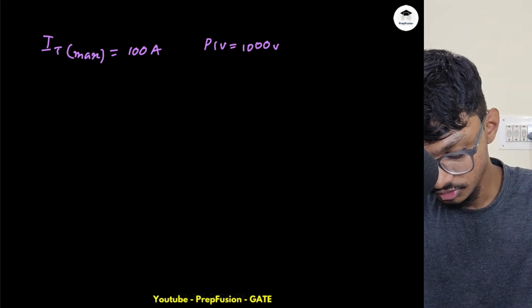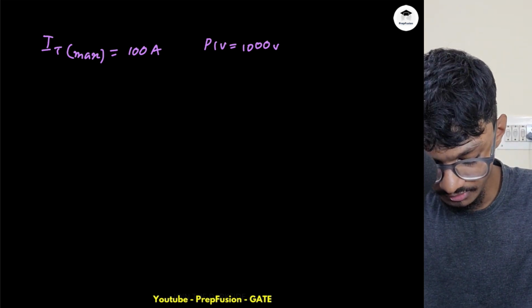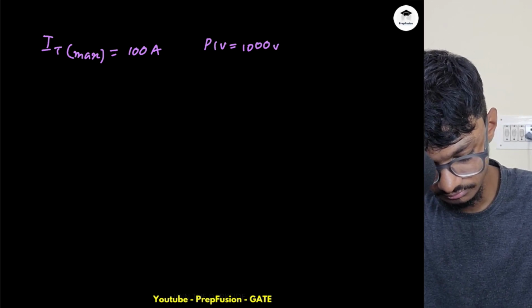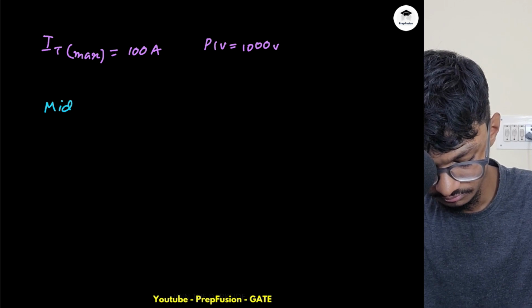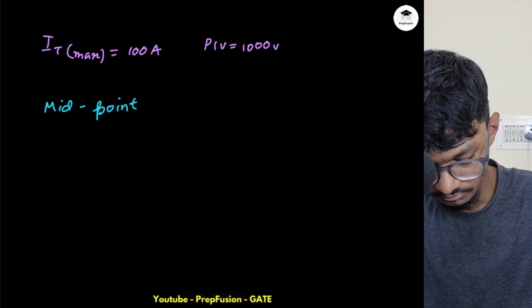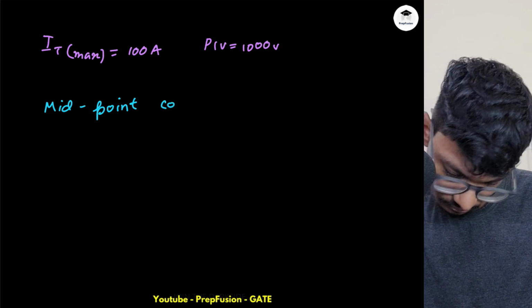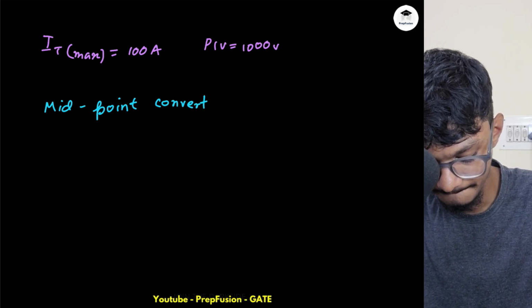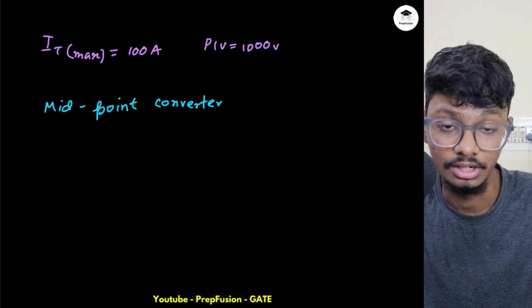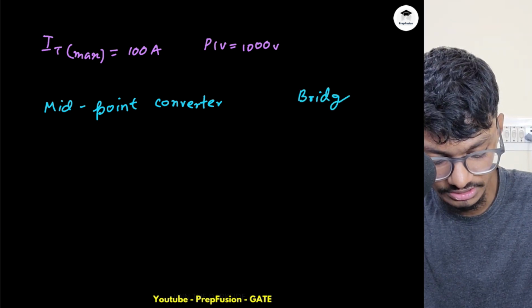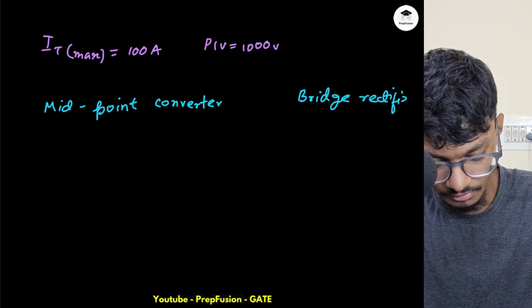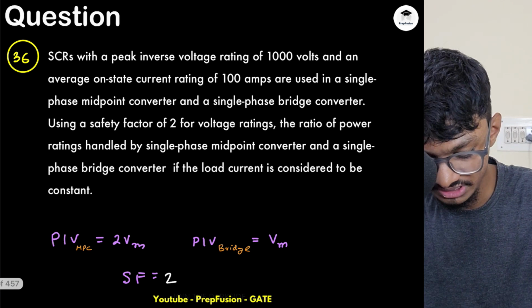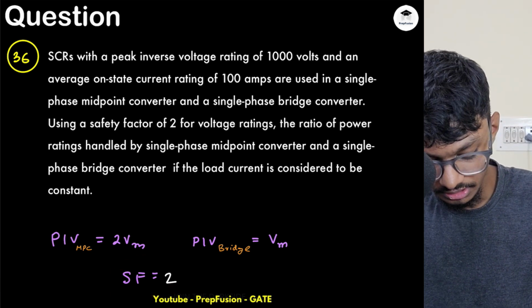Let me compare the midpoint converter and a bridge rectifier. What does safety factor mean?